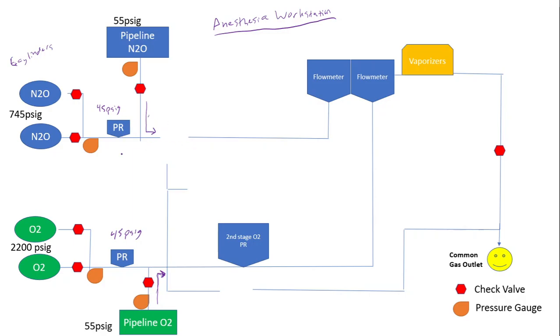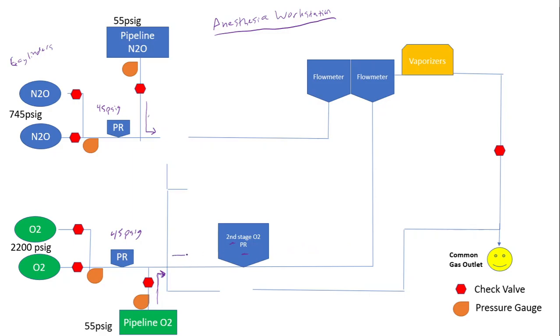Now we are going to continue talking about another pressure regulator that further decreases the pressure of these gases, which is called the second stage pressure regulator. I just drew it on the oxygen side. The reason we have this is because even though we're using pipeline oxygen at a pressure of 55 psig, that's still a pretty high pressure to administer into our patient's lungs.